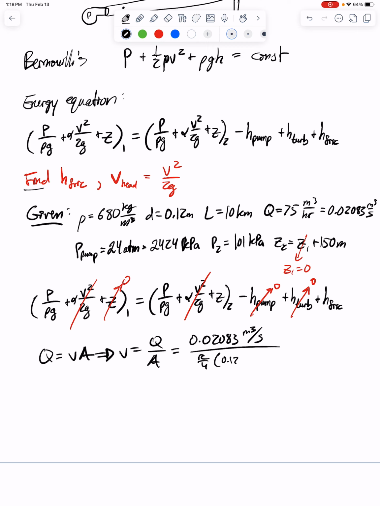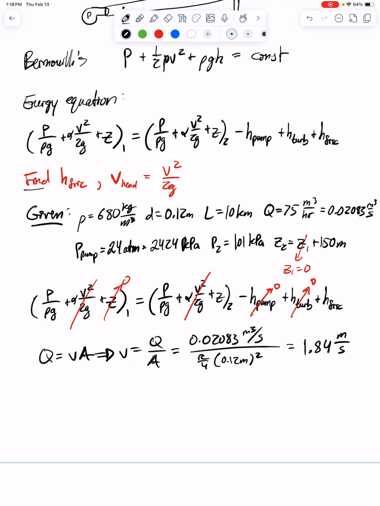Diameter is 0.12 meters, and we're going to square that. Therefore, we get 1.84 meters per second. So that's your velocity going through the system.